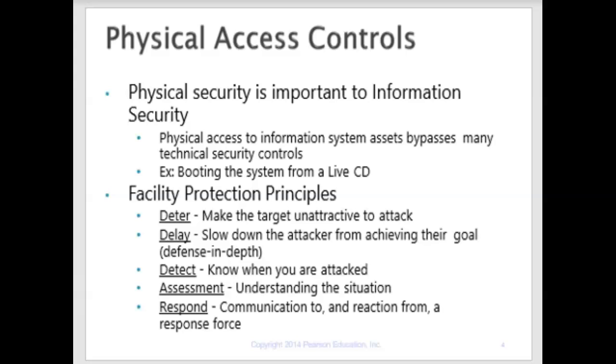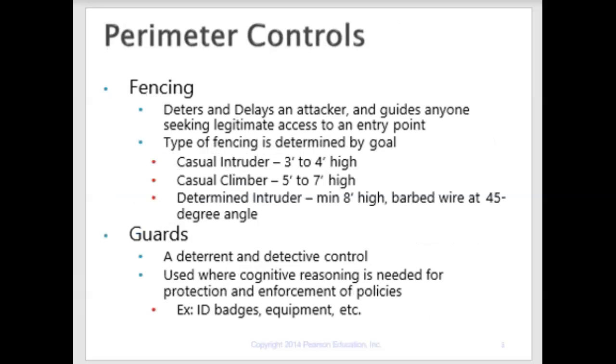Don't even make them interested. Either they don't know what the facility is or it's just too hard to get into. But if they want to get in, a physical defense in depth is a way to slow them down. Then, of course, detection, which would include things like our cameras and our badging, and then an assessment, perhaps through a security guard, and then respond, of course. So this would be a way of integrating security controls into our current effort.